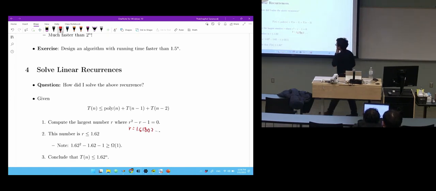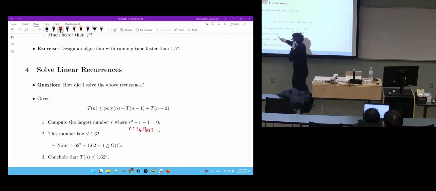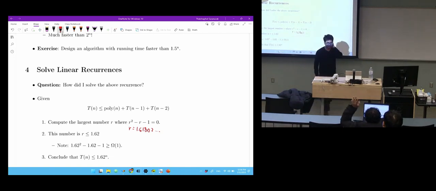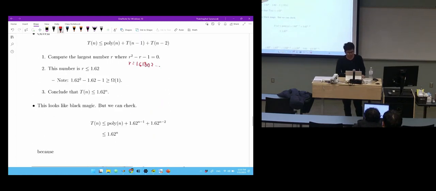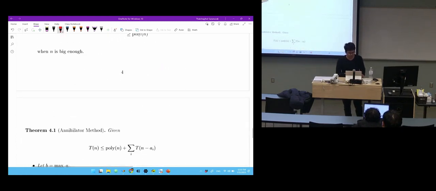So r is basically less than 1.62, and then I just claim that T(n) is less than 1.62 to the n. So why? There's a reason behind this, but let me state the generic way to solve it first.